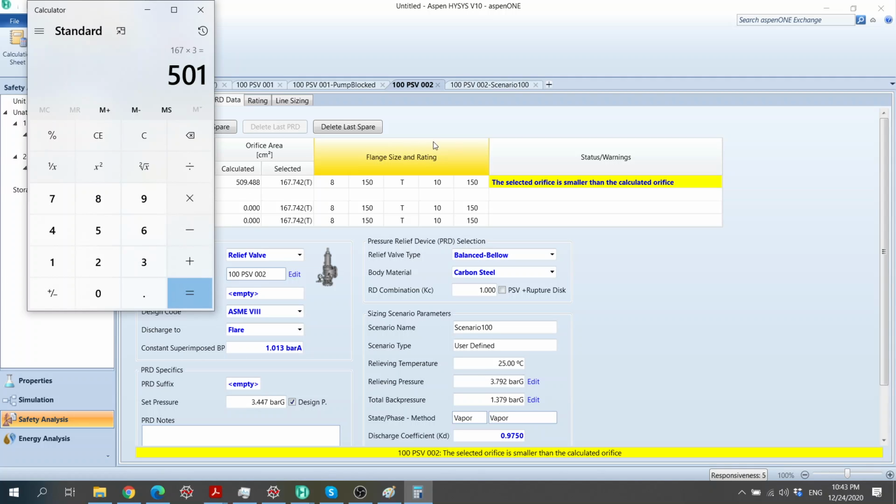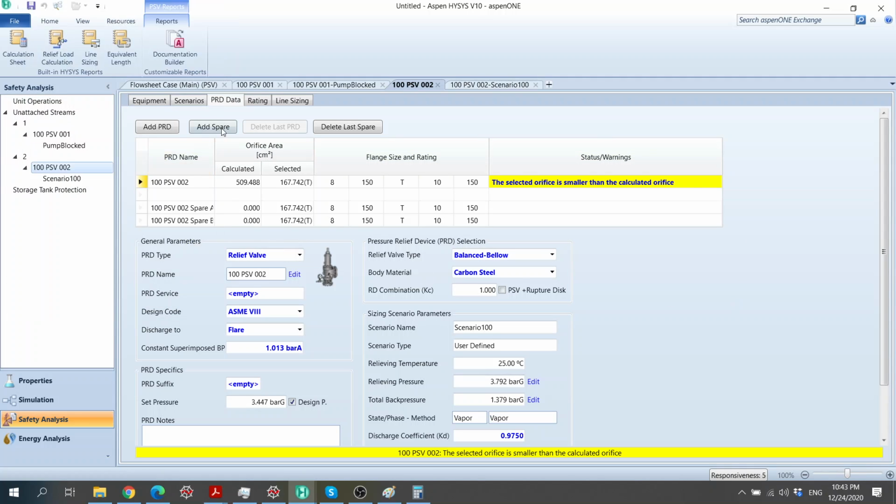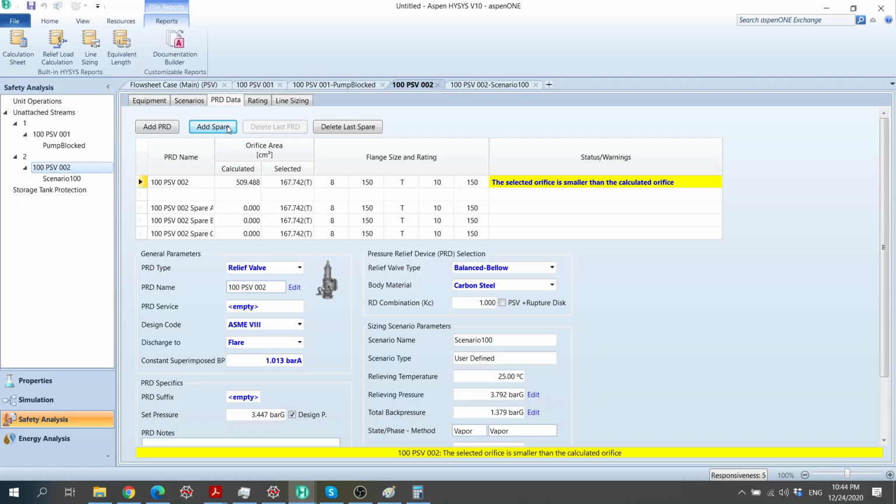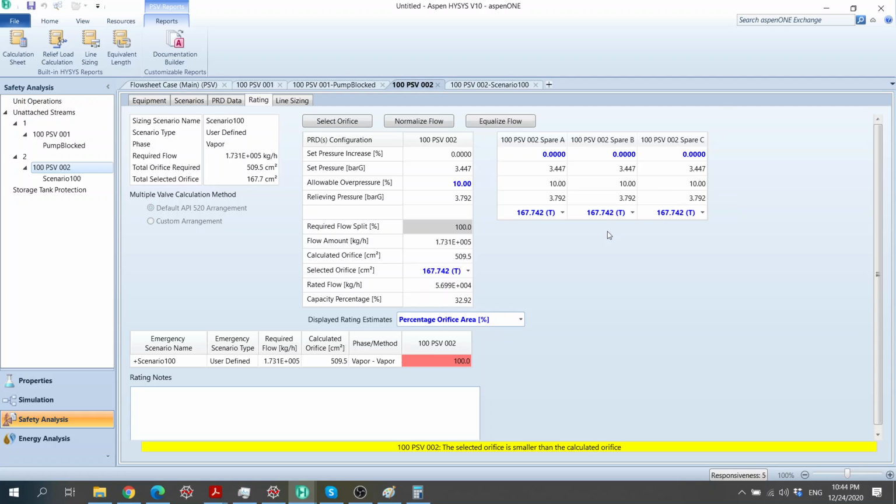Nah, times 4. Need to have a spare. Let's see if I'm doing this correctly, yeah. So, equalize flow. What does it mean? I don't know.